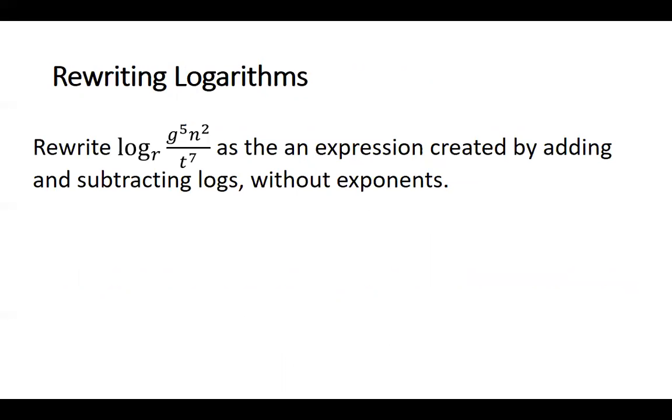So a number of properties. So let's use some of these properties, rewriting logarithms. I want to rewrite log base r of g to the 5th n squared over t to the 7th as an expression created by adding and subtracting logs without exponents.